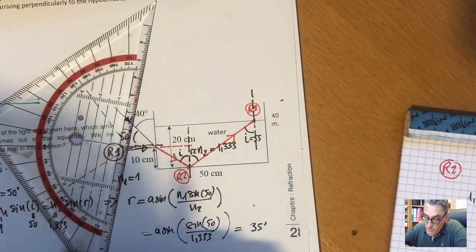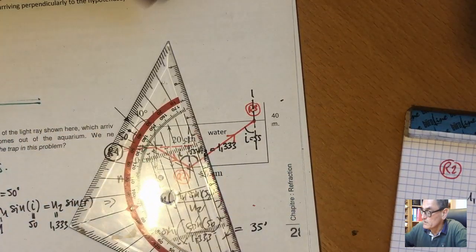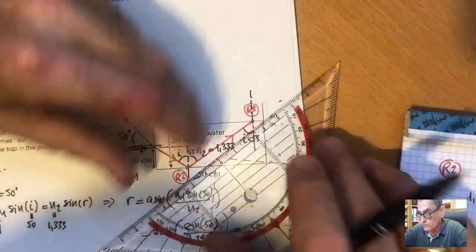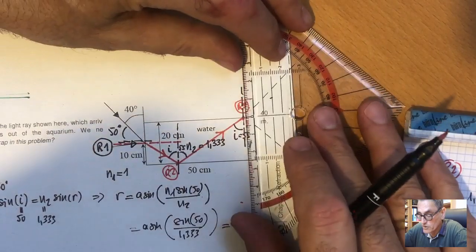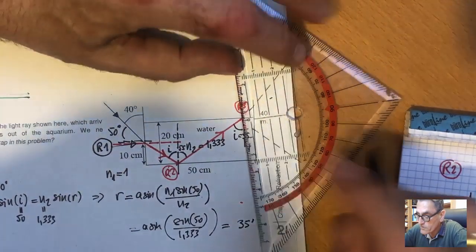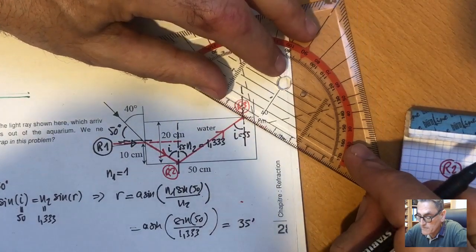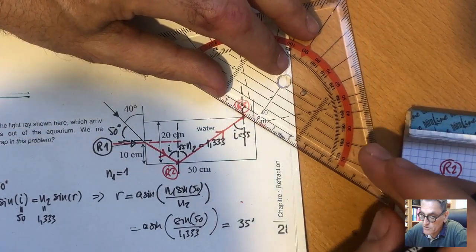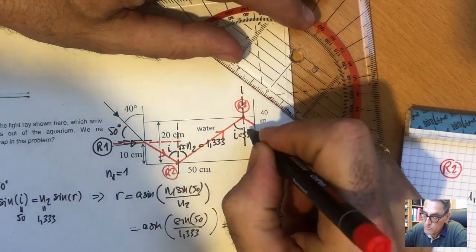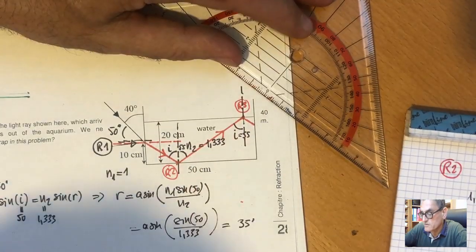So we don't even need to do the calculations. R3 is just going to be a total internal reflection, and so we are going to leave from there with an angle of 55 again, and it will give us something like that, okay?